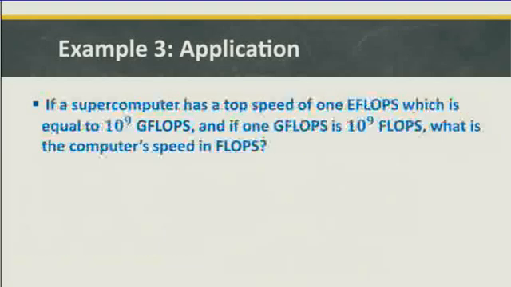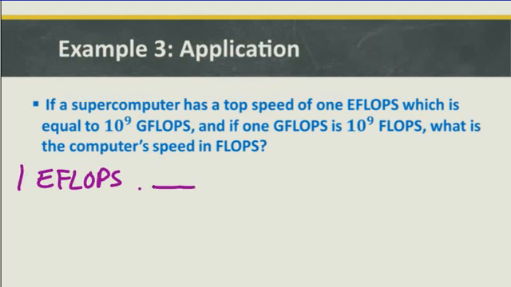Let's take a look at another example. If a supercomputer has a top speed of 1 exaflops, which is equal to 10 to the 9th gigaflops, and if 1 gigaflops is 10 to the 9th flops, what is the computer's speed in flops? So we need to go from 1 exaflops to flops.